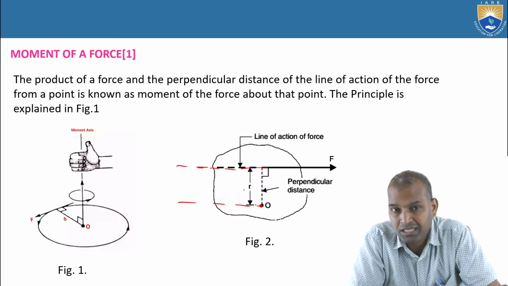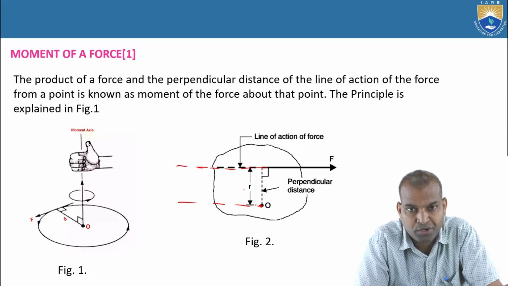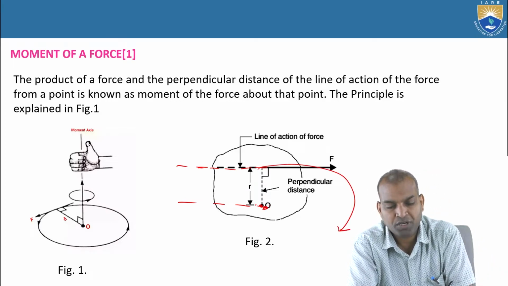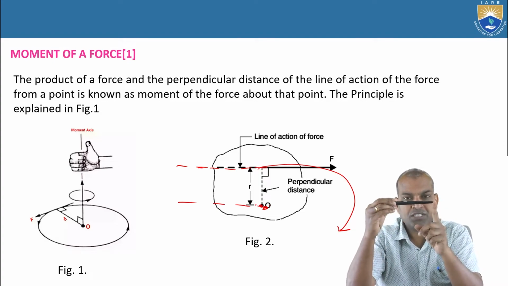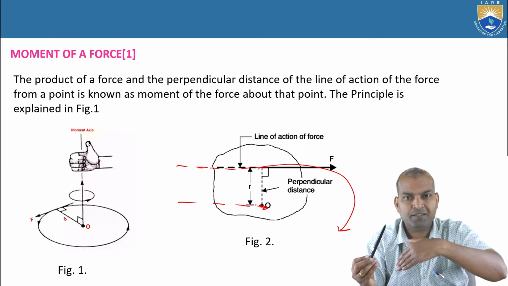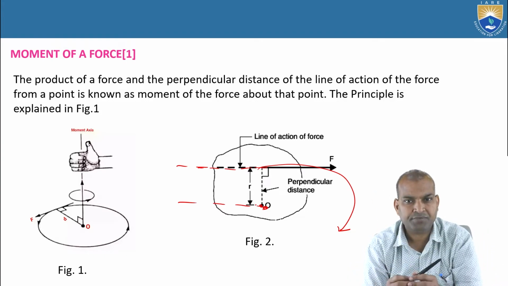What is the effect of this moment? This moment causes rotation of the body. When the force acts in this direction about this point, what happens? The body rotates. From my direction, if you see the screen, it rotates in this direction.